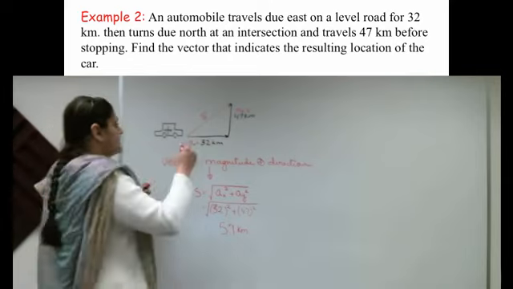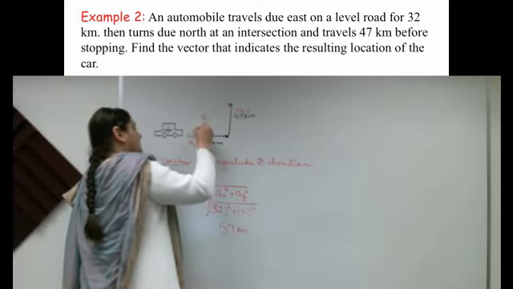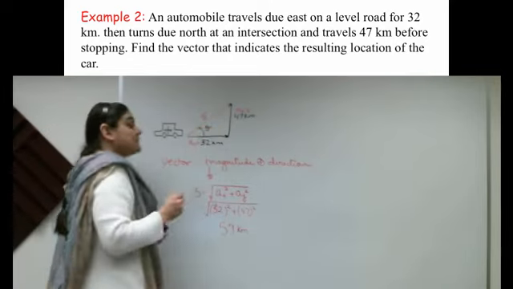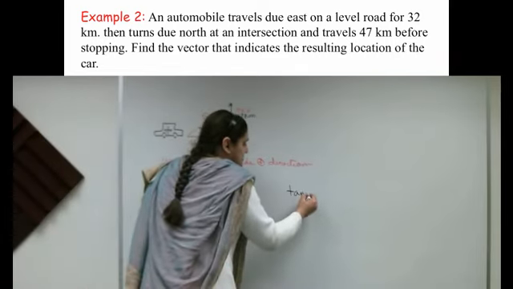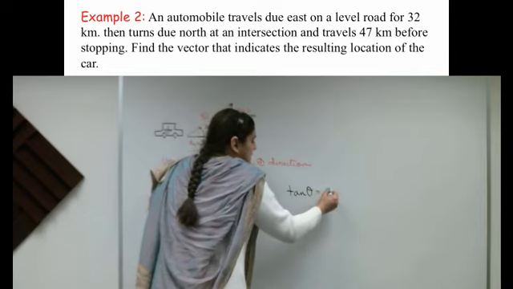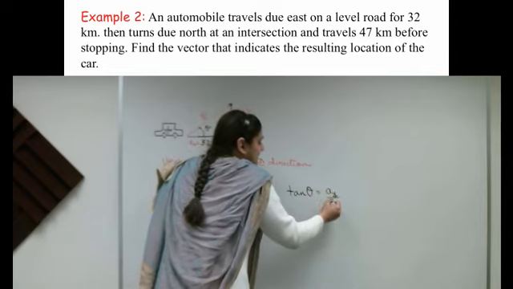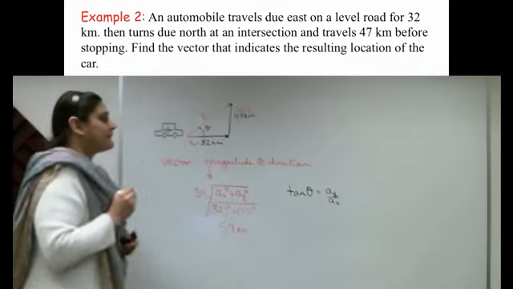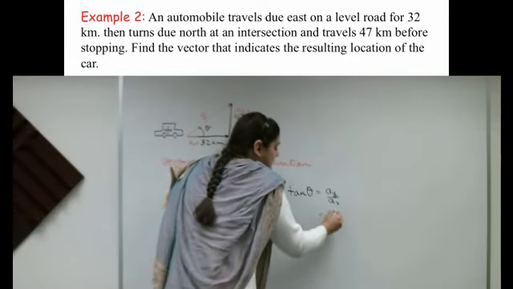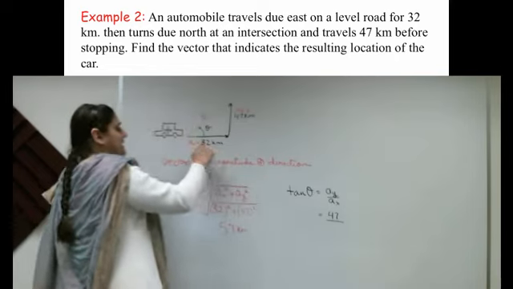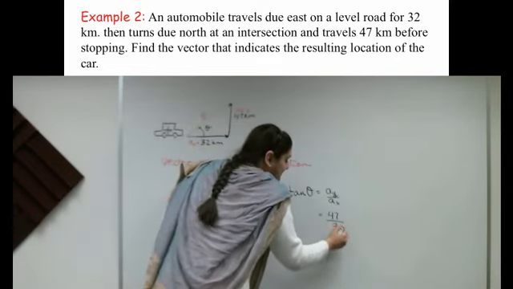Now what about direction? Direction is going to be this one. Let's call it theta. In order to calculate the direction, we have tangent of theta equals ay over ax, right? So ay is 47 divided by ax, which is 32.